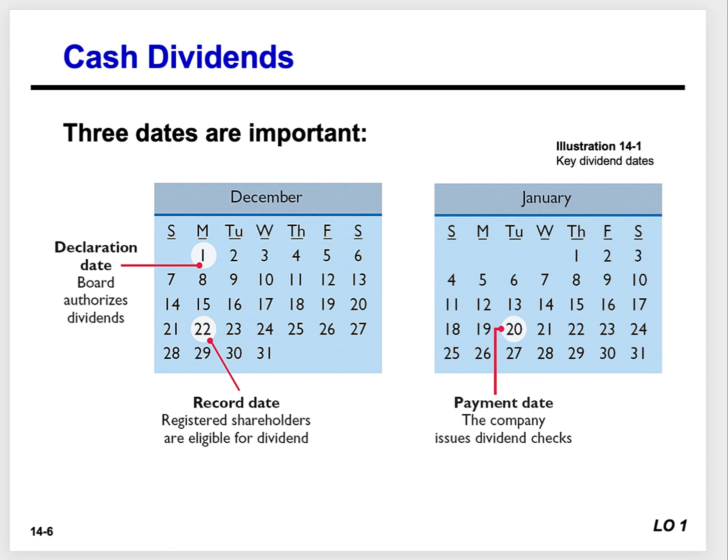Well, there's no journal entry here. It's just that the corporation wants to know, as of the record date, who are our shareholders that are eligible for our dividend. Then we have the payment date. That is when the company actually pays the dividend. They cut the dividend check to the shareholders of record. Payment date, we have to do a journal entry.